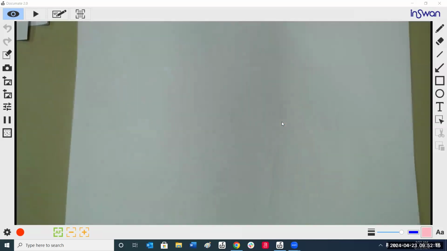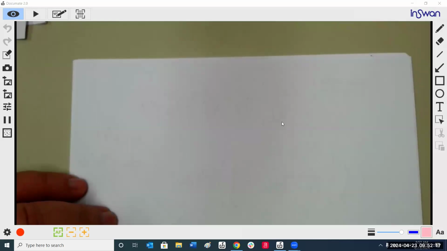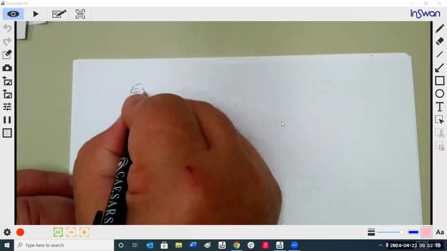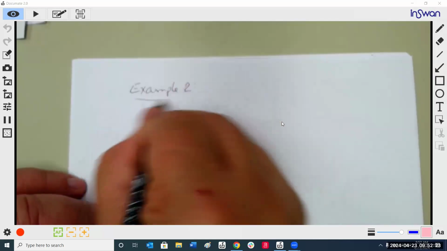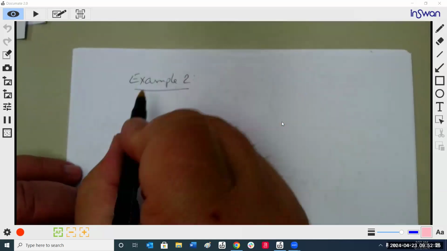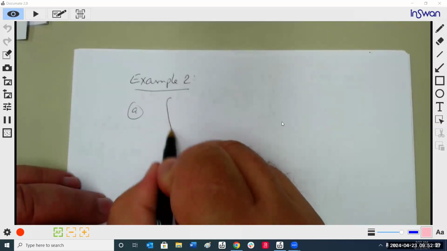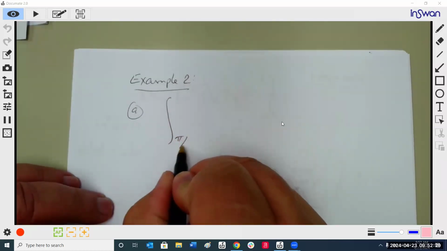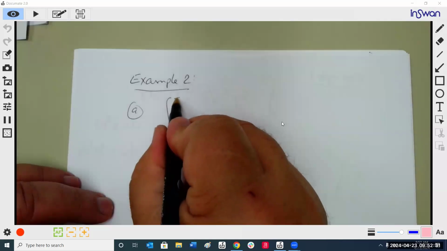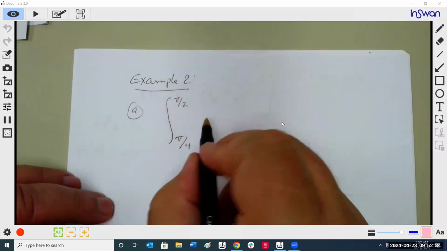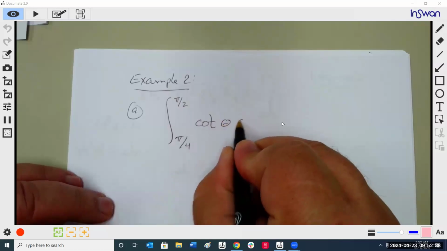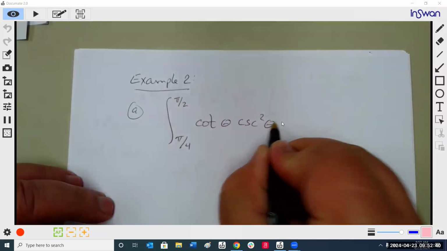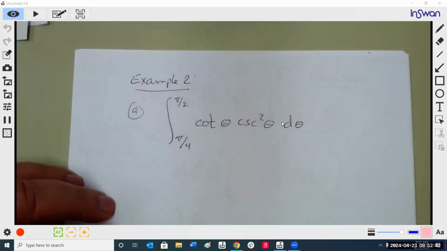All right, let's look at example 2. A, the integral from pi over 4 to pi over 2 of cotangent theta, cosecant squared theta, d theta.